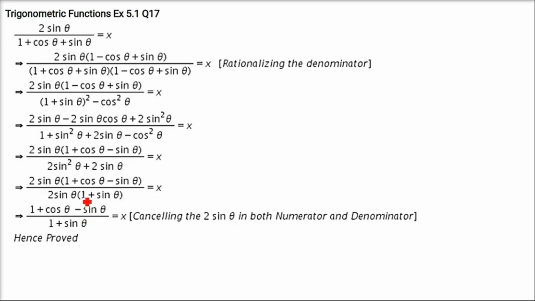So in order to do that, first of all, this is 2 sin theta by (1 plus cos theta plus sin theta). What we will do, we will consider this 1 plus sin theta as one term, and then this cos theta is another term. That means I'll write 2 sin theta, (1 plus sin theta) together and then plus cos theta.